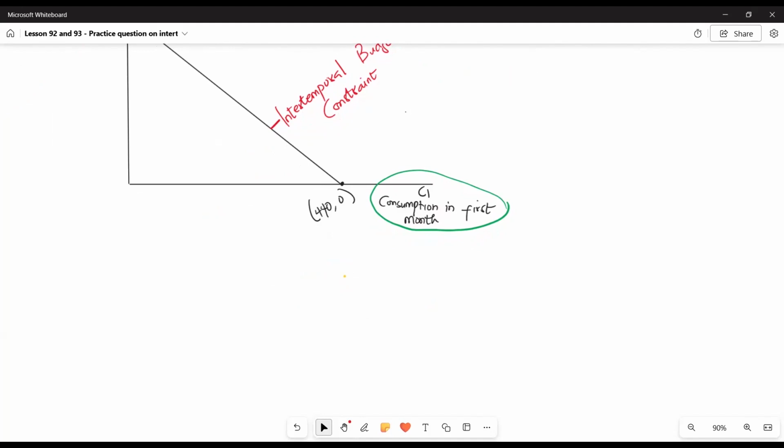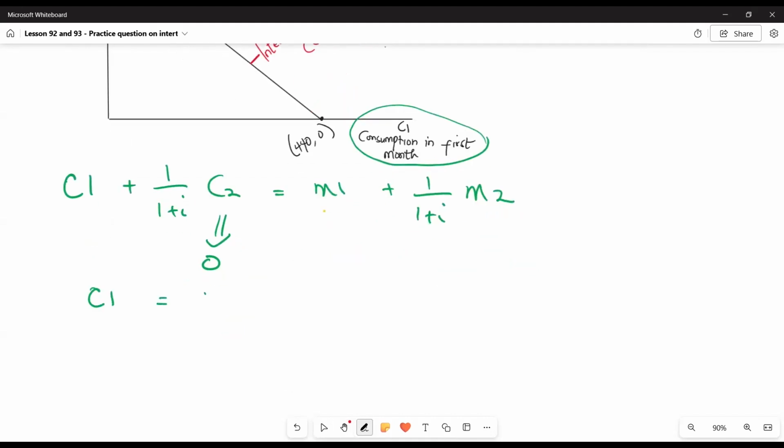If we go back to our intertemporal budget constraint, we have C1 plus 1 over 1 plus i, C2 being equal to M1 plus 1 over 1 plus i, M2. If C2 is equal to 0, then this reduces to C1 being equal to M1 plus 1 over 1 plus i, M2.